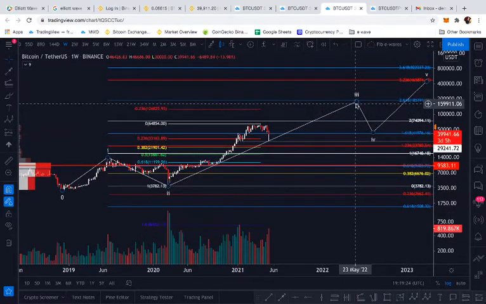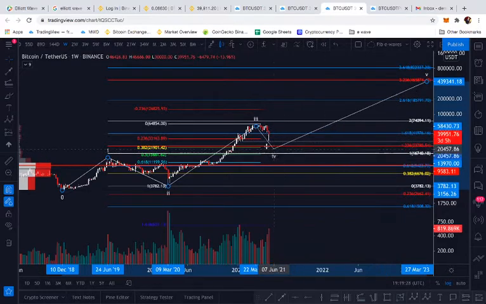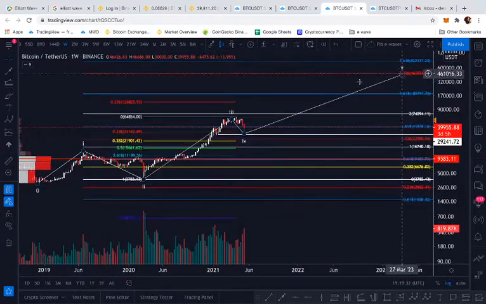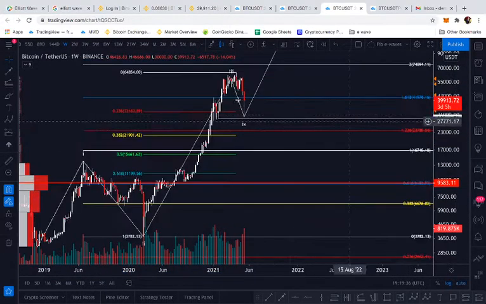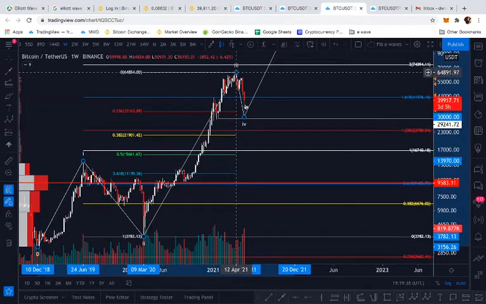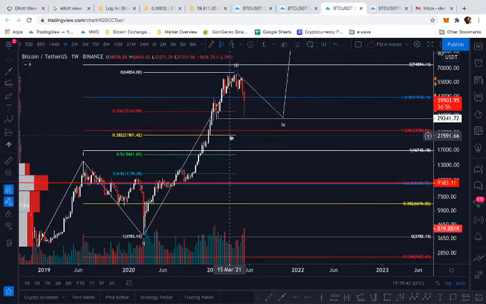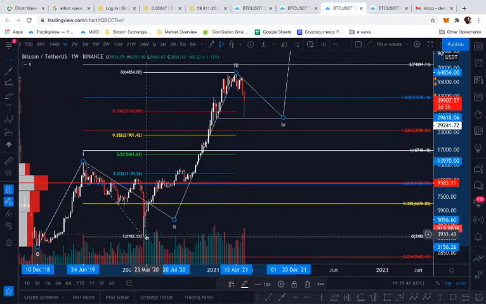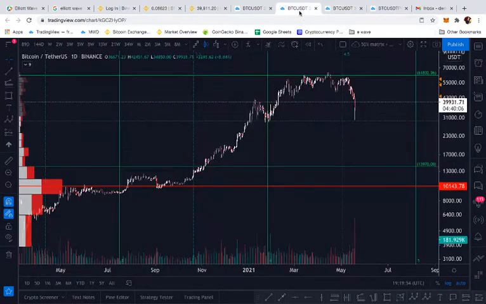Yeah, I'm not 100% sure. This one looks probably more conservative, definitely, this count here. But anyways, the rule of Elliott waves is saying that wave 4 should stay above the 382, and probably consolidate for a time.